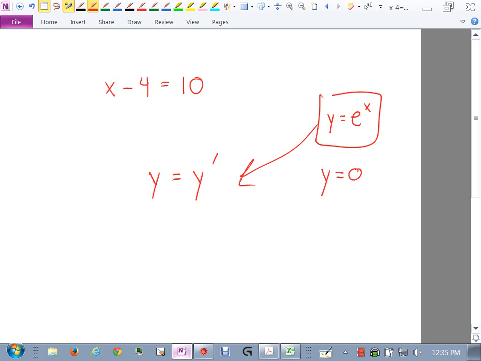Well, later on, you try solving more complicated ones. Like, is there a function out there that's equal to half of its derivative plus half of its second derivative?